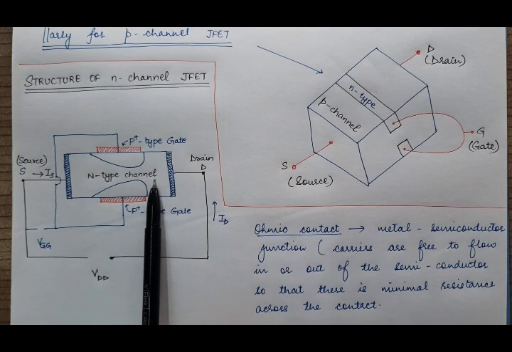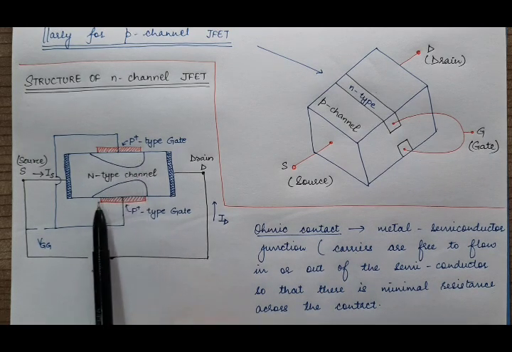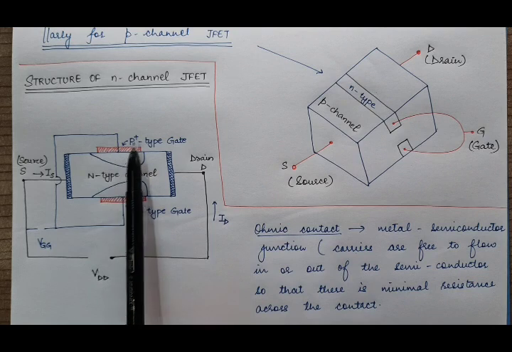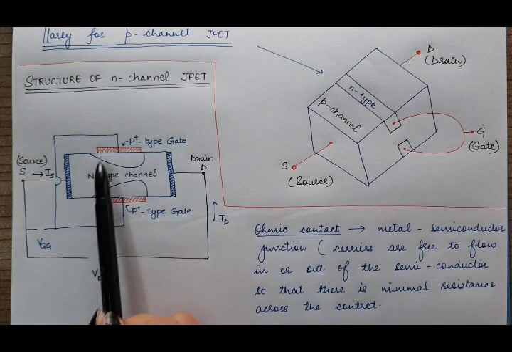in this case the gate will be p-type, so this is the p-type gate. And why have they written p plus here? It means the gate regions, or the gate terminals, are heavily doped. The amount of dopant is very high in this portion.